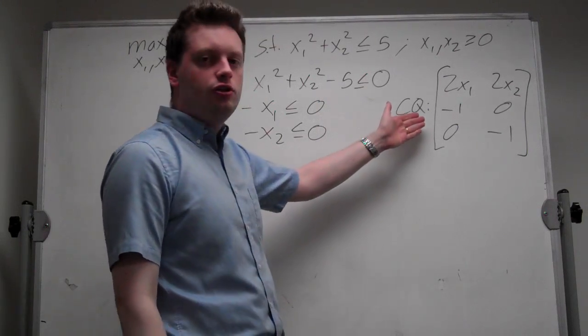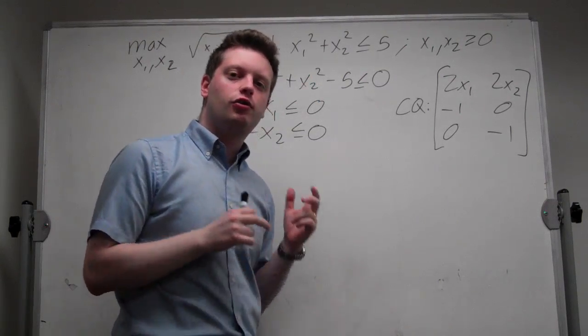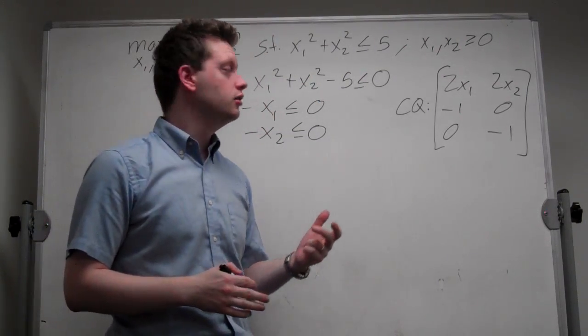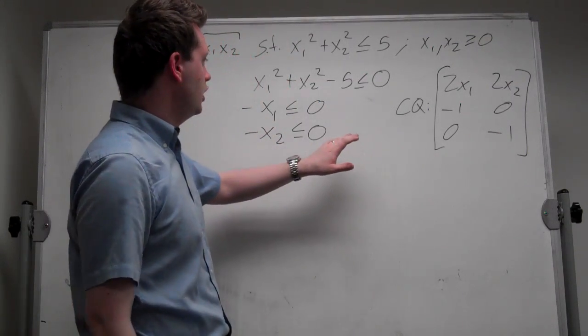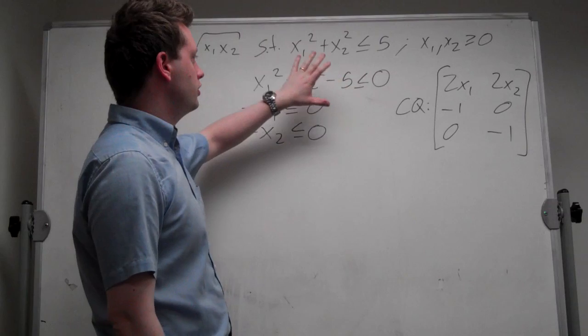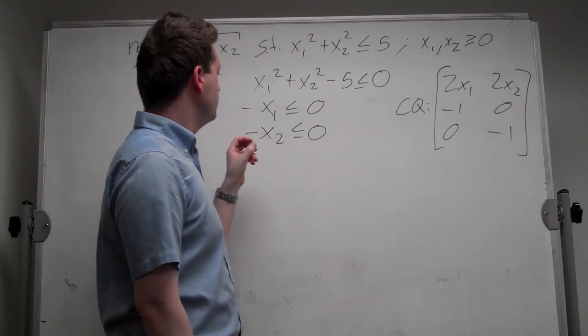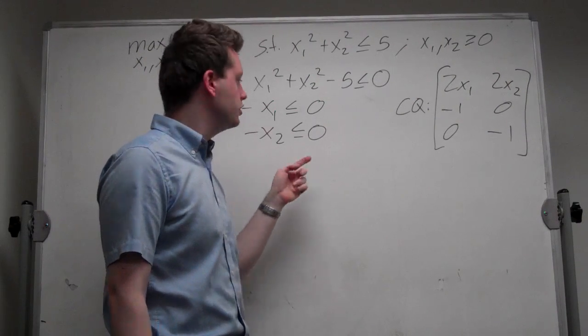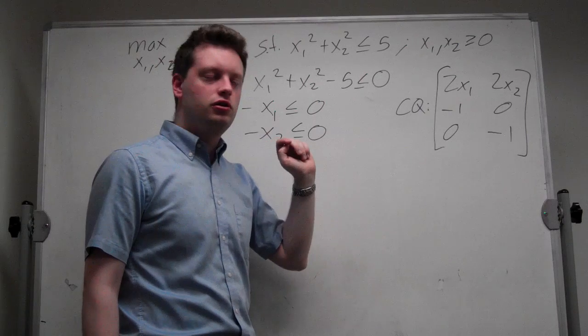Okay, now we need to check that this matrix has full rank for all binding constraints of this Lagrangian. Well, first off, we know that never all three constraints can bind simultaneously, because if x1 is equal to x2 is equal to 0, this expression will be less than 5.